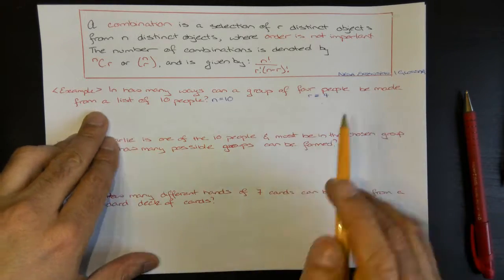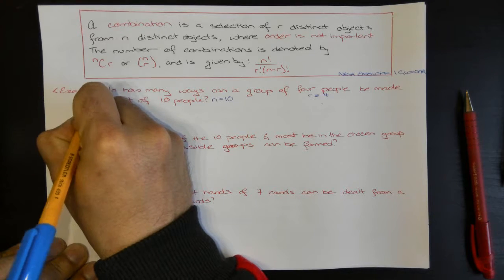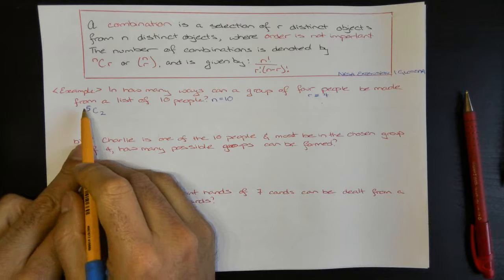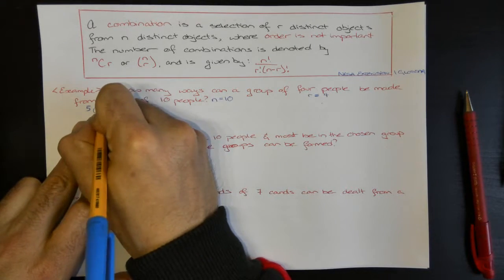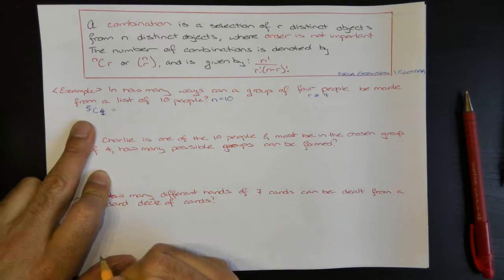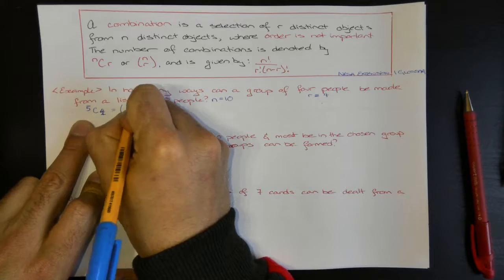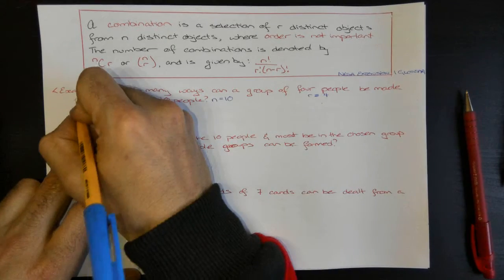They're the same 4 people. So this would be a combination of 4 people from 10.